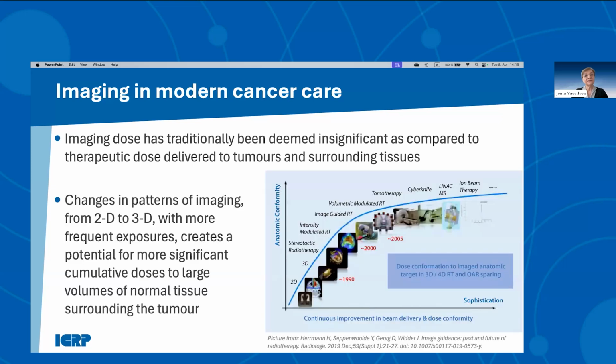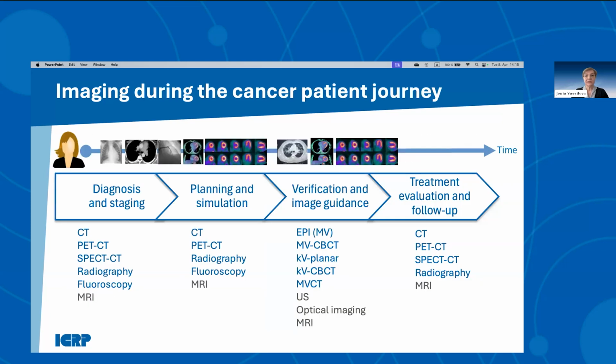But changes in the patterns of imaging from 2D to 3D with more frequent exposures creates potential for more significant cumulative doses, as Colin just said, to large volumes of normal tissues surrounding the tumors, and this has become a cause for concern. We already heard from Colin and we know that imaging is used at every step of the journey of a cancer patient, from diagnostics and staging through planning and simulation, during treatment, and post-treatment for evaluation of results and follow-up.